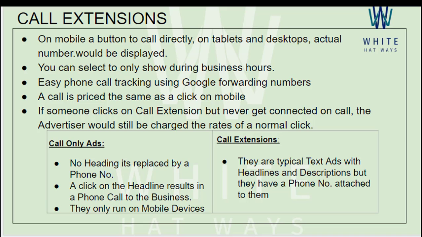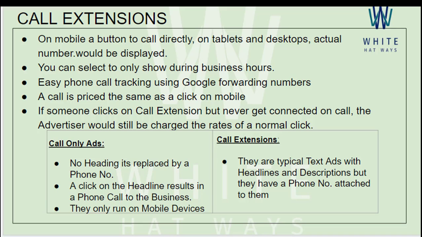Now let's get onto the slide and see what it says. On mobile, a button to call directly. On tablets and desktops, the actual number would be displayed. Since mobiles have the capacity to call the person, whereas most of the time tablets and desktops do not have this kind of capacity, in a mobile this call button would be displayed.